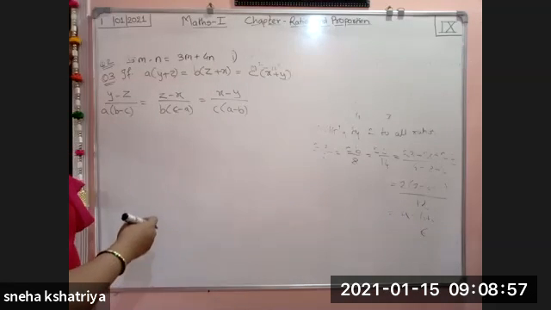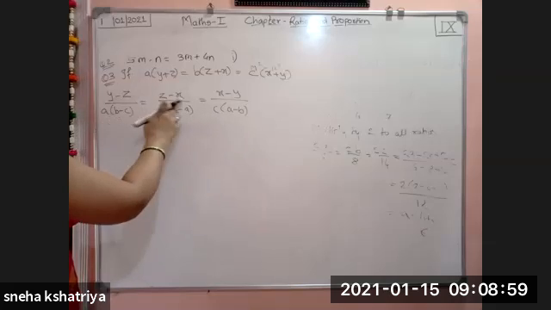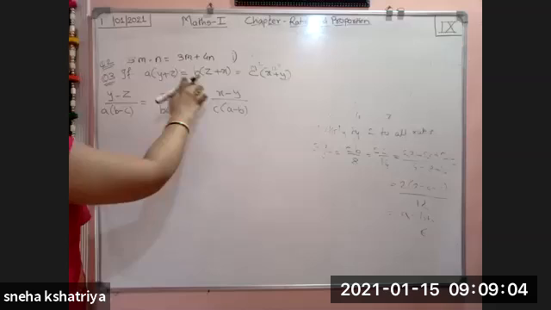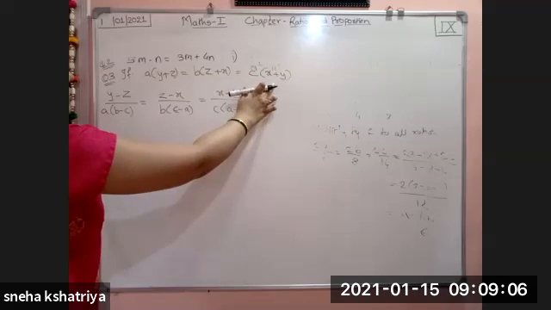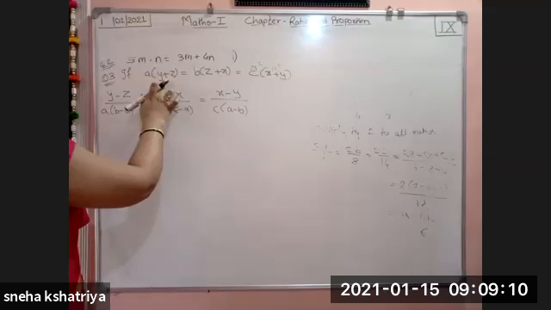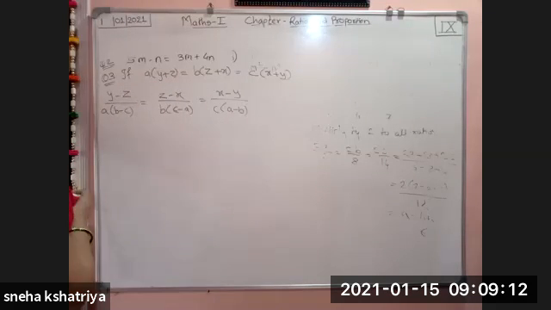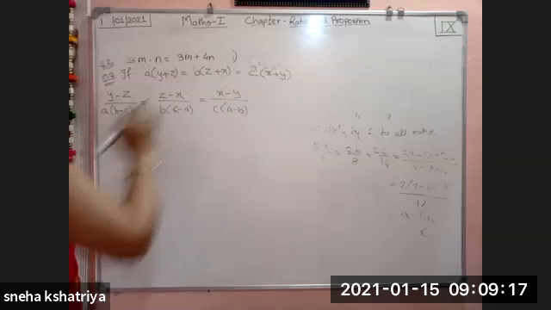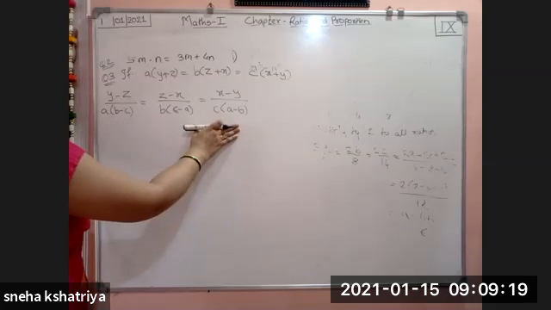Now see here, whatever is given, this a(y + z), b(z + x), c(x + y), and from this we have to show this. Here addition is there, here subtraction is there. Here only the numerator is there, no denominator. Here we have to find a new denominator.